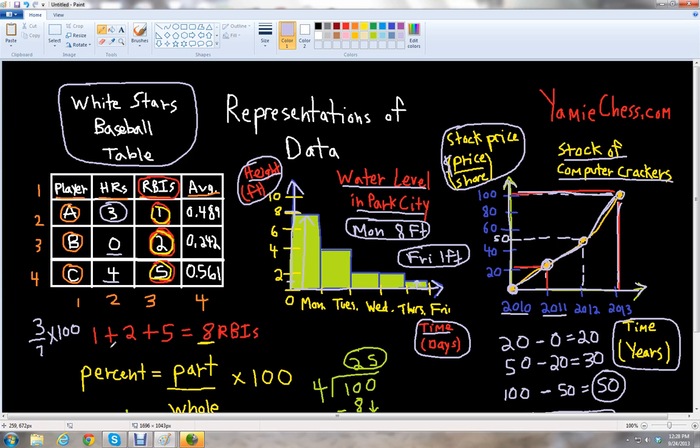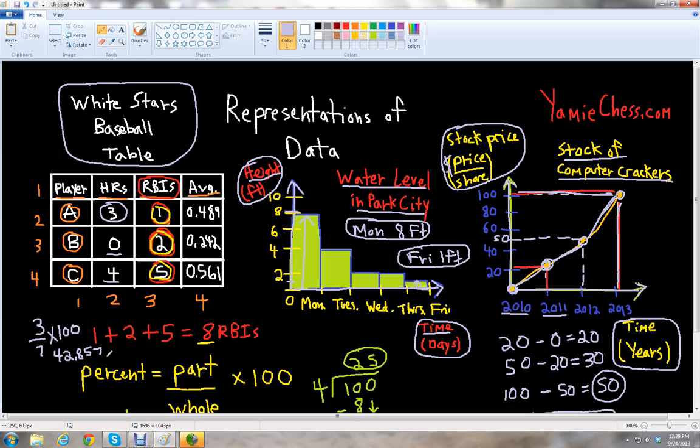And so you can use a calculator and do 3 out of 7, hit enter, and then multiply by 100. And you should get something like 42.857, something like that.